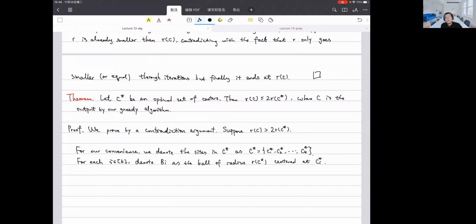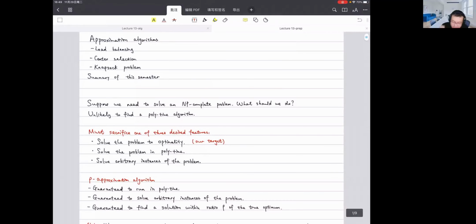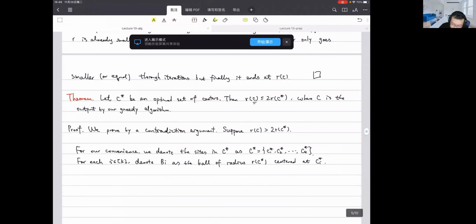So we are basically drawing a ball centered at Ci star with the corresponding radius RC star. We are going to make some arguments about the relationship between C, the output of the greedy algorithm, and all the balls here.